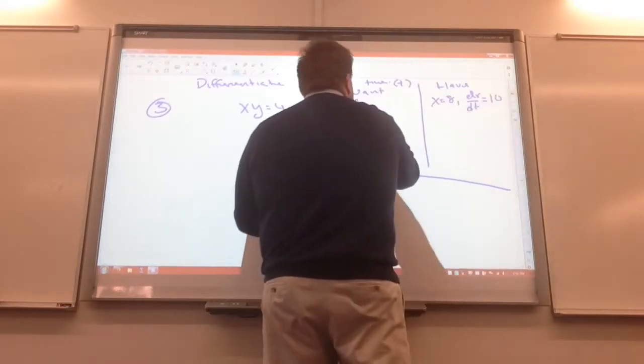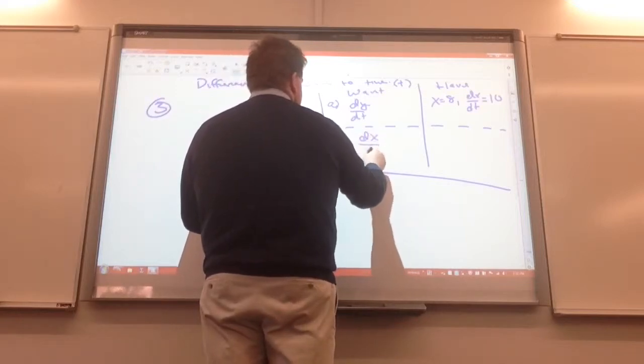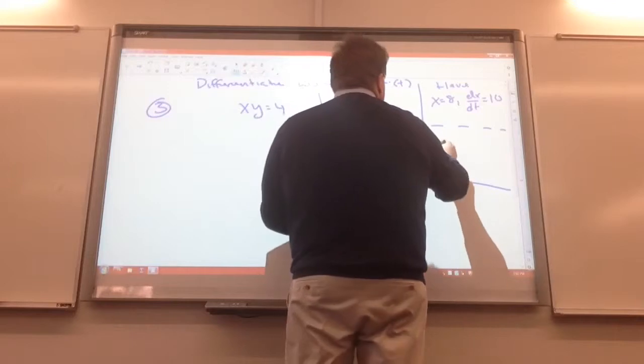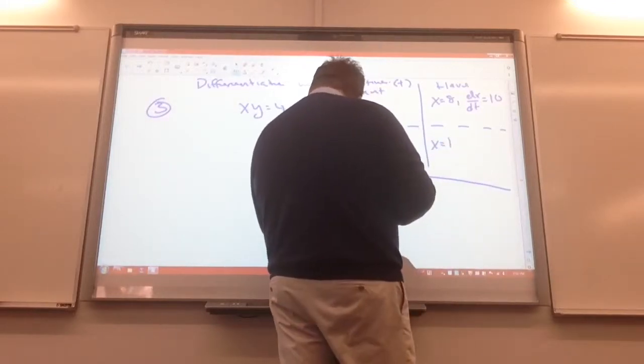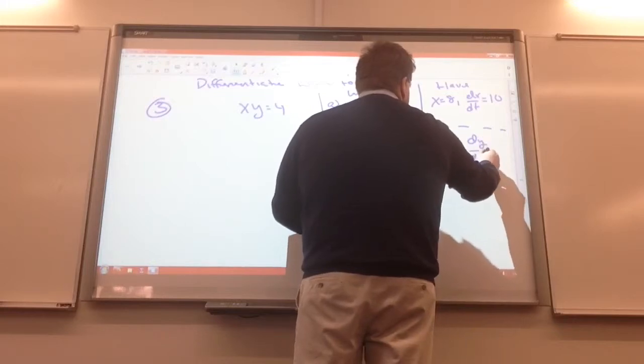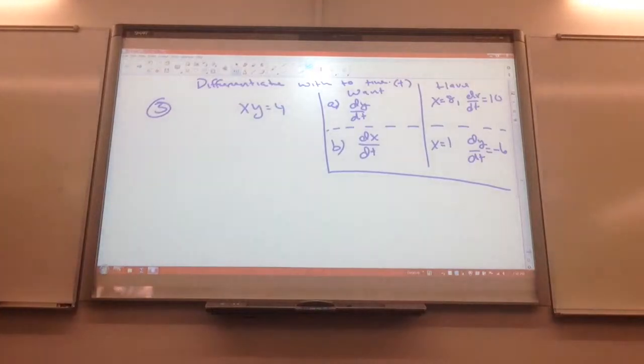Okay? In the second problem, okay, we want dx by dt. And in this one here, x is going to be equal to 1 and dy by dt is going to be equal to -6. Okay? Everyone got that so far? Okay, good.